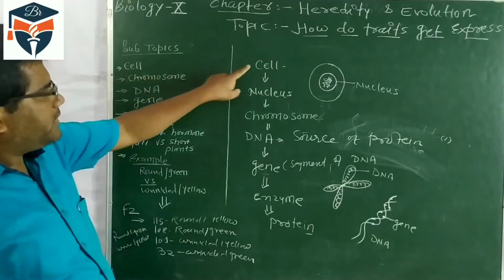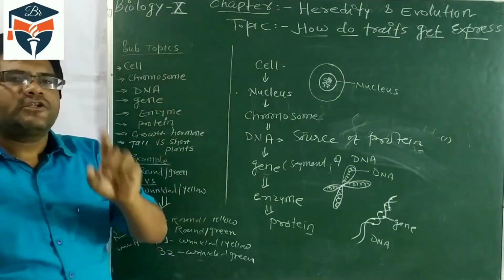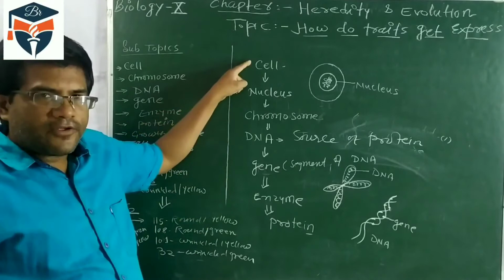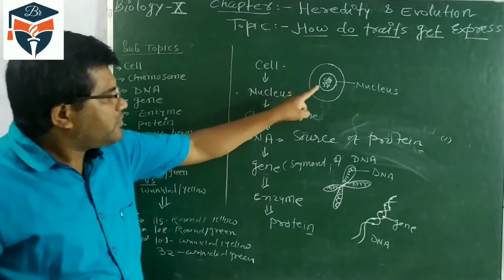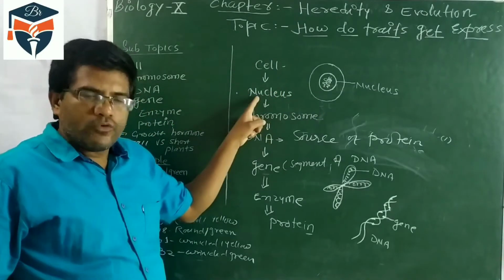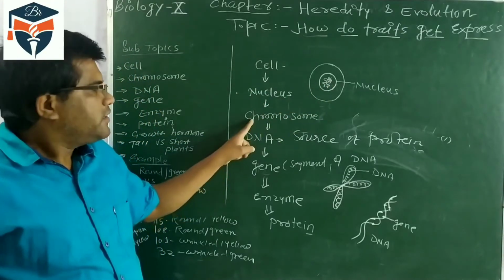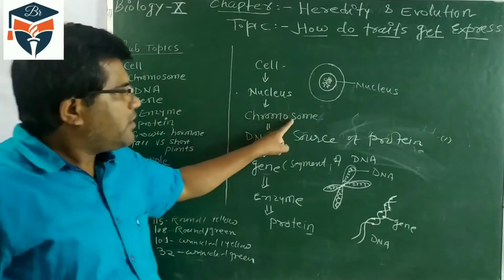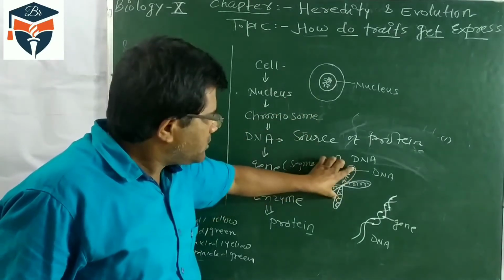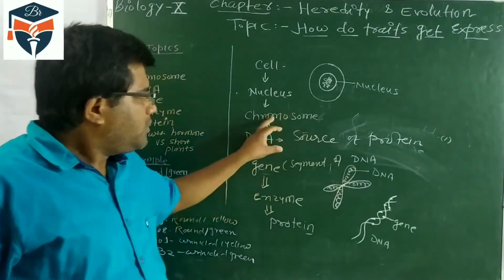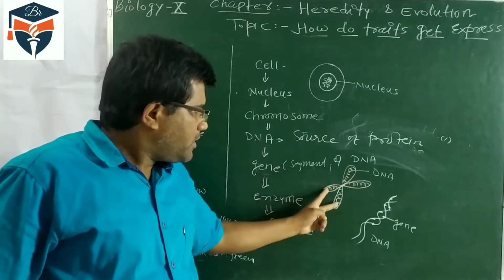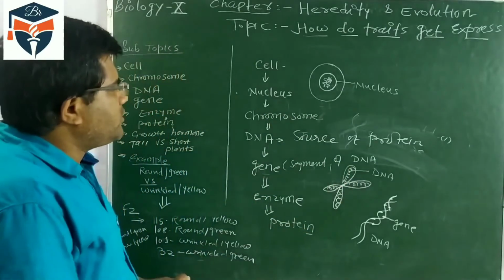So first is the cell. The cell is the structural and functional unit of the organism. Inside the cell there is a controller which we call the nucleus. Inside the nucleus there is a thread-like structure called the chromosome. Each chromosome has two chromatids connected by the centromere.